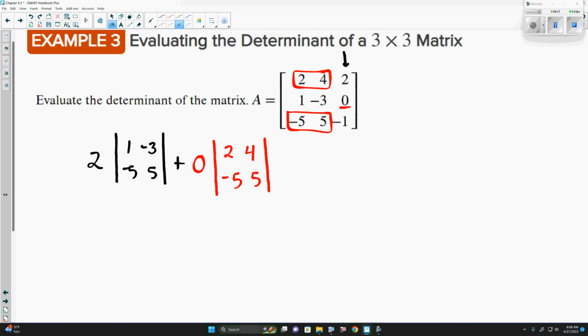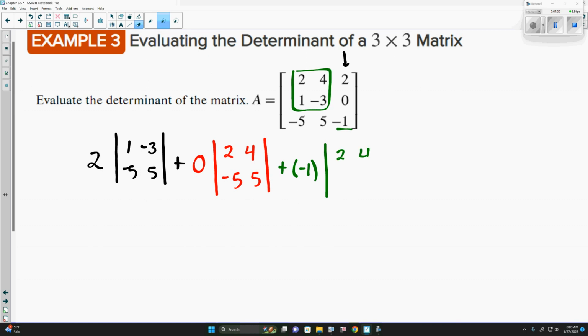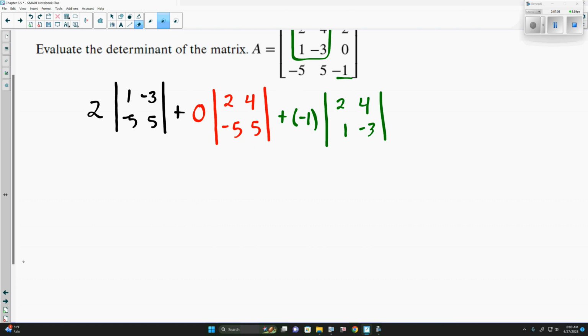And then lastly, we're using the last one, negative 1, times, now it's going to be the top 4, 2, 4, 1, negative 3, to find the determinant of this entire thing.